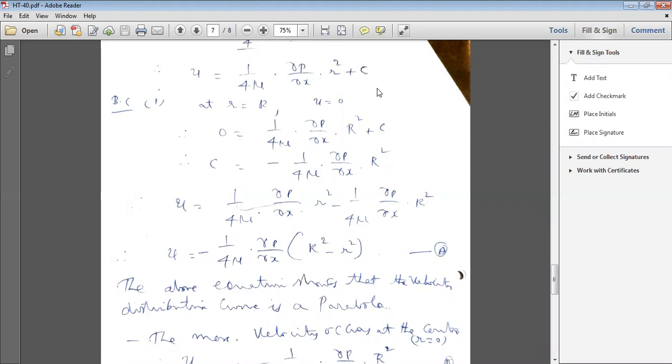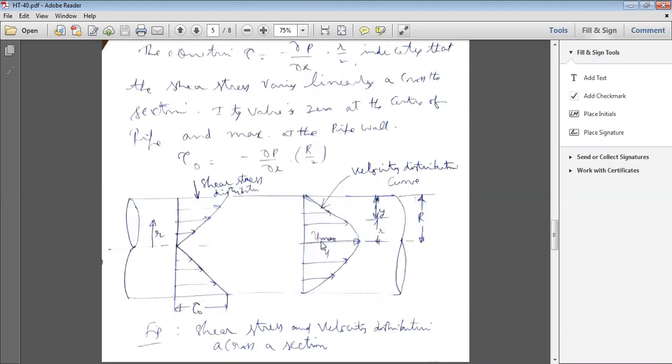Now we have to find the constant of integration. What is the boundary condition here? If you observe the diagram here, the radius is changing from small r equal to 0 to small r equal to capital R. So at small r equal to capital R, what is the velocity?